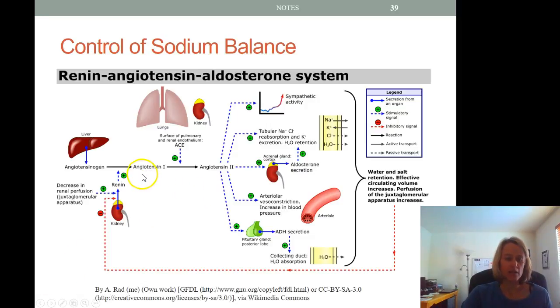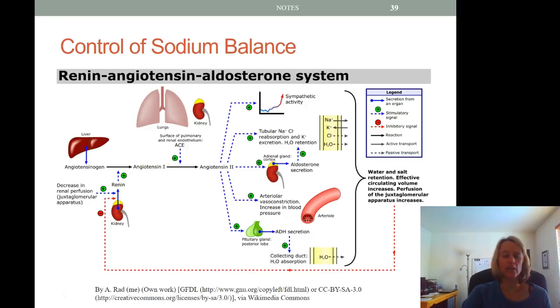Okay, so a decreased blood volume or blood pressure would cause a decrease in perfusion of the kidneys, and renal hypoperfusion would cause the juxtaglomerular apparatus within the kidneys to release renin. Renin is an enzyme which acts on angiotensinogen, which is produced by the liver, and converts it to angiotensin 1.